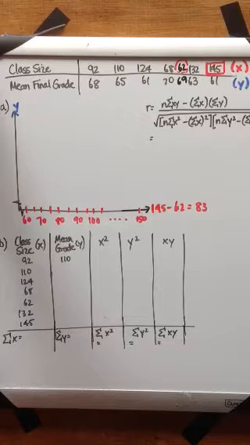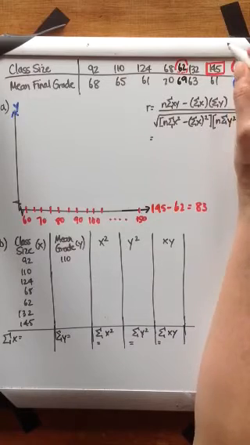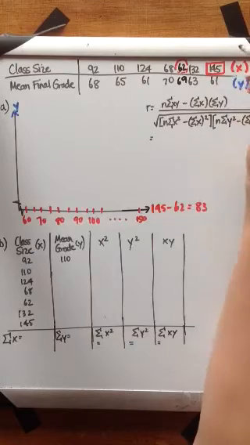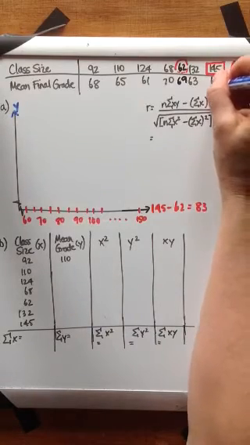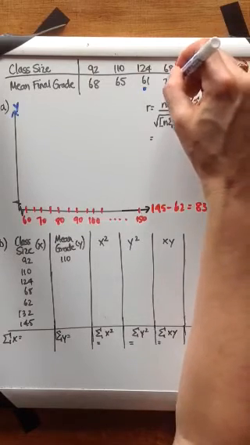Okay? In similar fashion, we should look at what the range for the y values is too. The smallest value we have to plot is 61 right here, and the largest, actually here and here, it's twice, and the largest value that we have to plot is 70 right here.